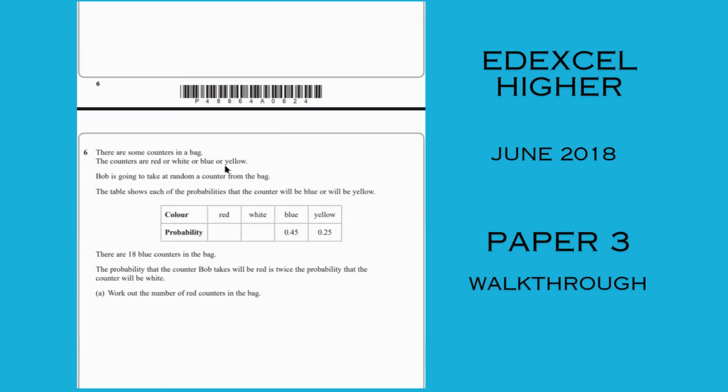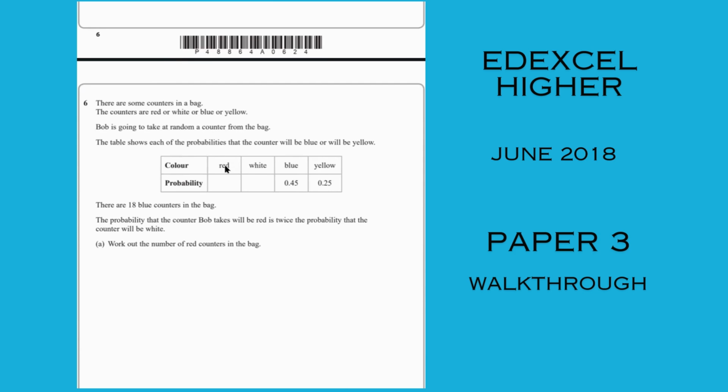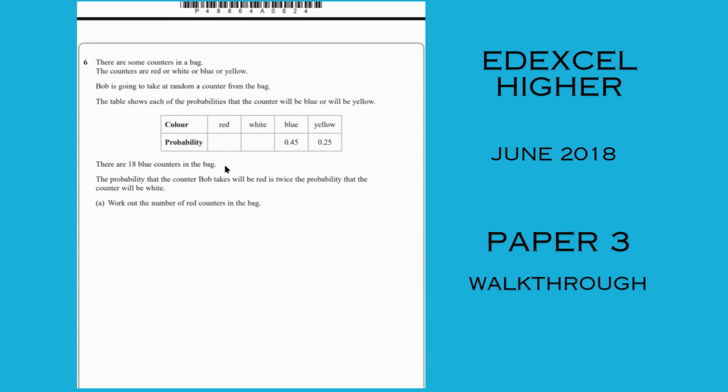Question 6. Good old probability adding up to 1 happens on most sets of papers nowadays. There's 18 blue counters. Probability that Bob takes a red is twice. So if that's x, that's got to be double.